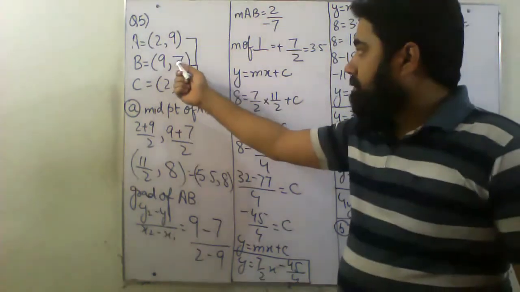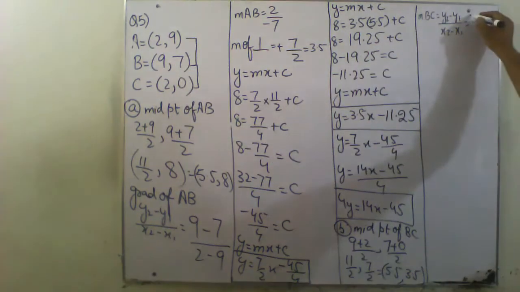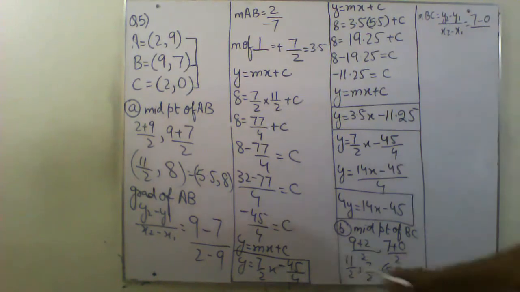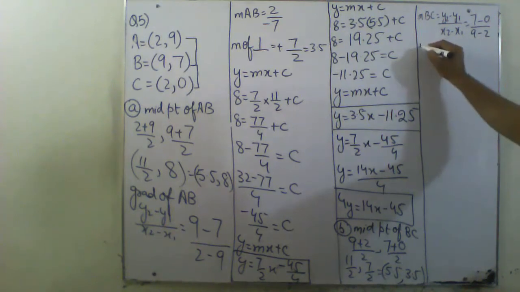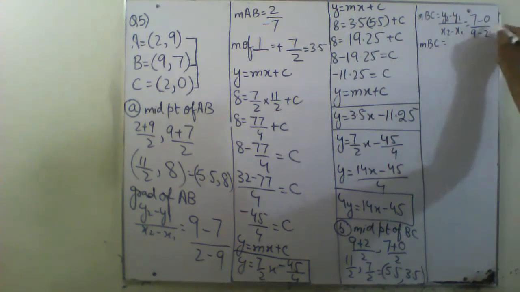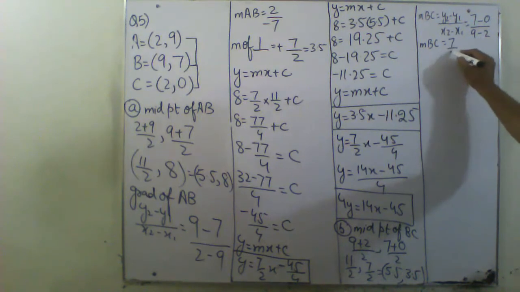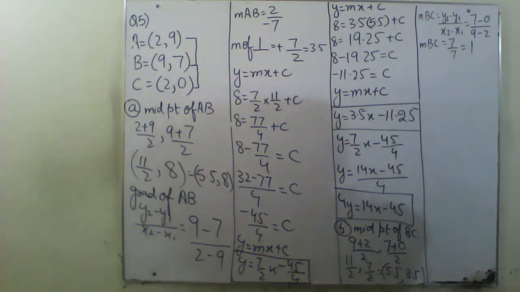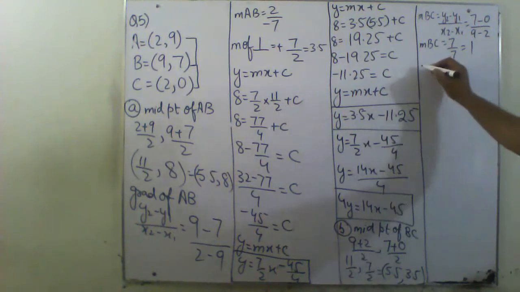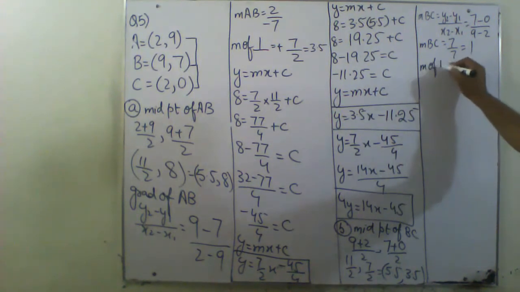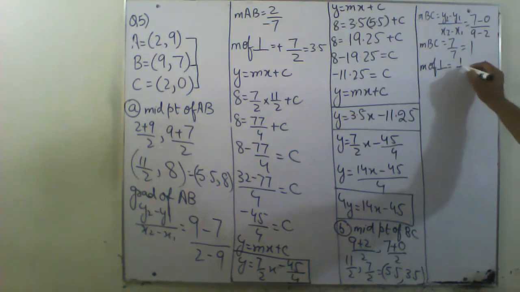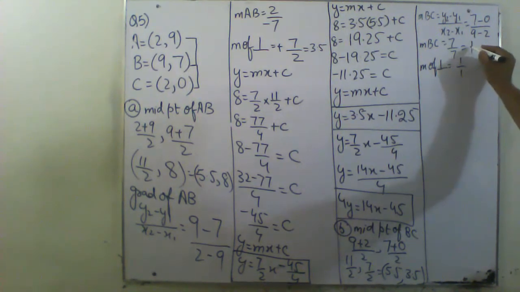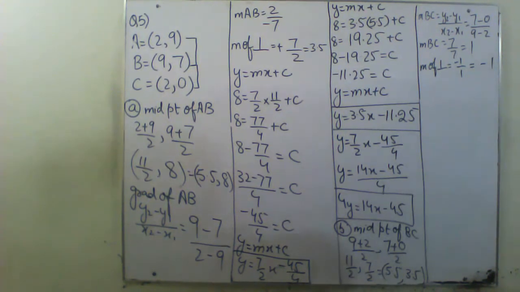That is 7 minus 0 over 9 minus 2. So 7 minus 0 will be 7, 9 minus 2 will be 7, which means 7 over 7 is 1. And the gradient of the perpendicular bisector, the negative reciprocal, will be 1 over 1 and negative of plus will be minus, so it can be written as minus 1.